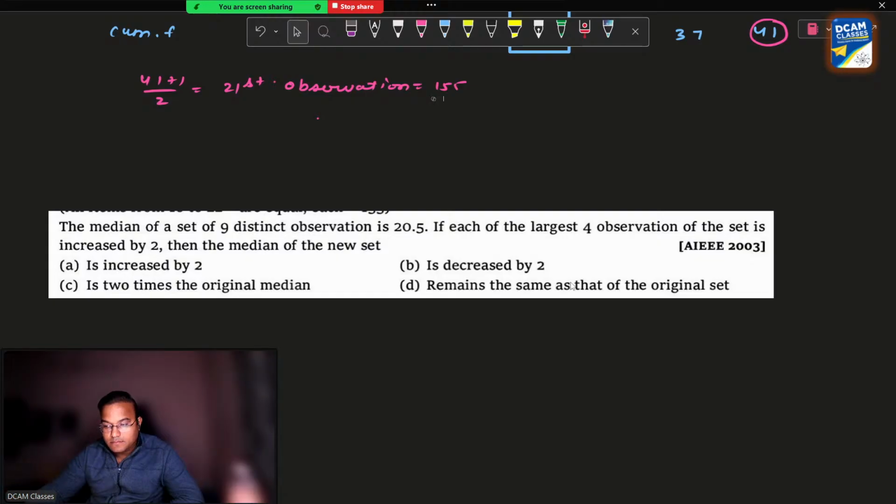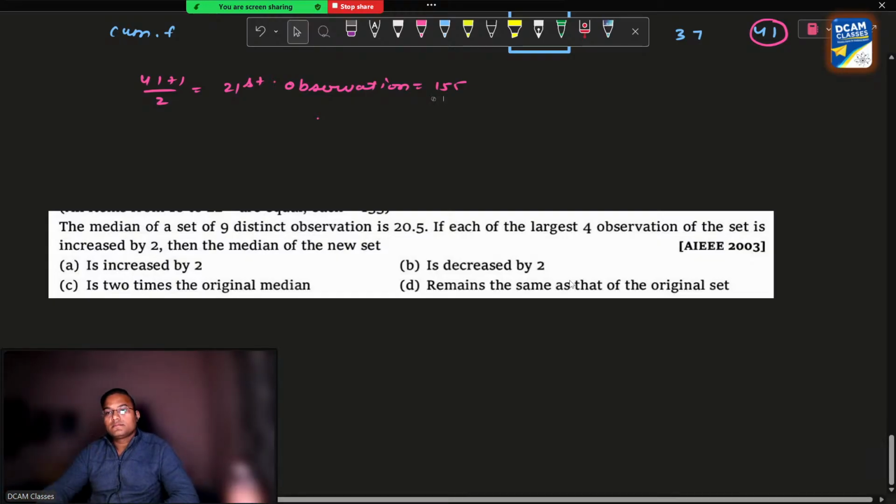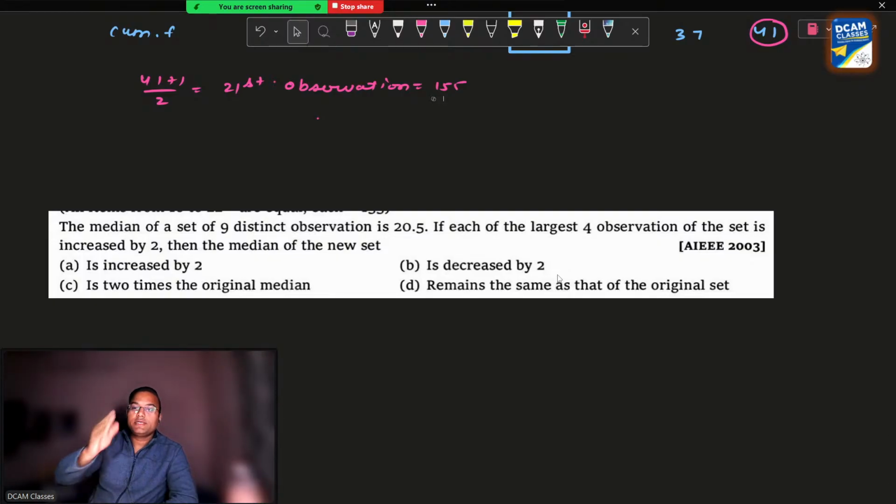Sir, what is, each of the largest 4 observations means? After the 5th, that is the 6th, 7th, 8th, 9th observations are increased by the number 2. Understood?